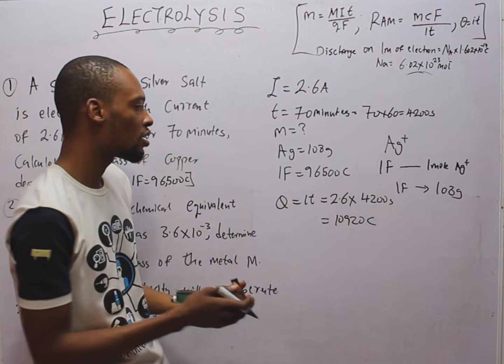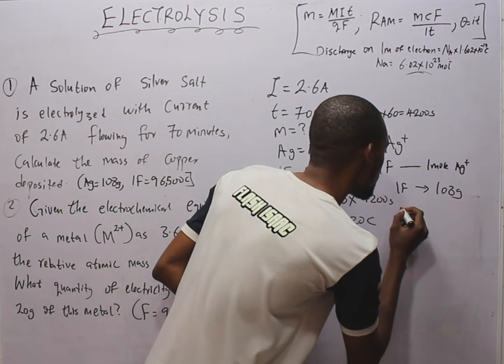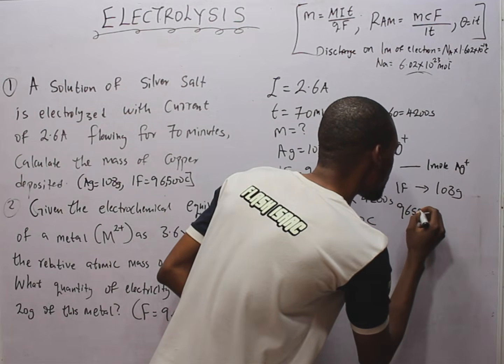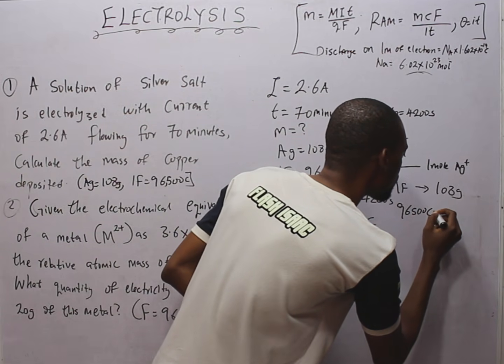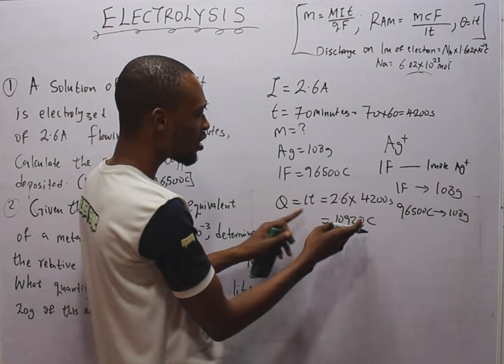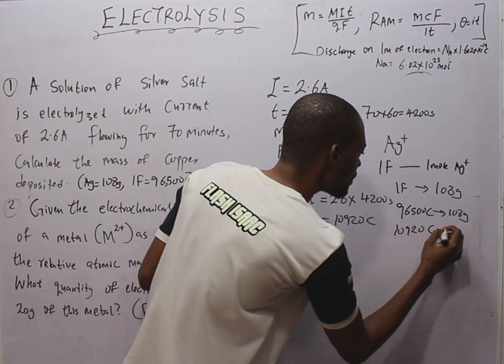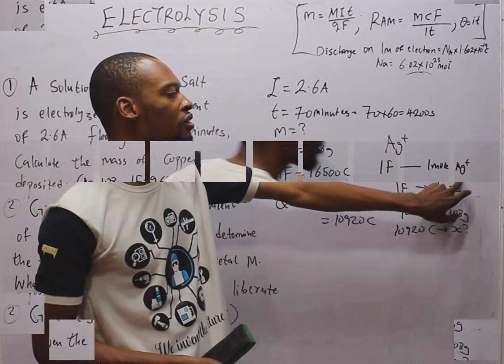What is 1 Faraday? 1 Faraday is 96500 coulomb. So this means 96500 coulomb will yield 108 grams. So this question is now asking what will 10920 coulomb yield? Let it be S.